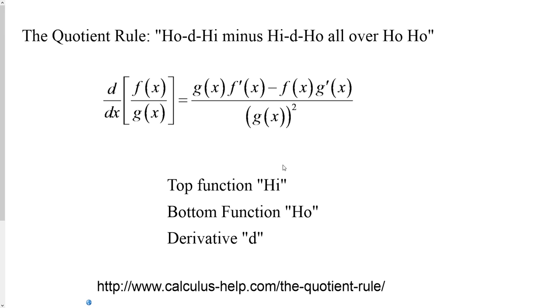So when you see that g is the bottom function, it is the ho function, and f is the top function, it is the hi function, I can read this mnemonic device as ho, the bottom function, times the derivative d of the hi function, the top function, minus the top function hi times the derivative d of the bottom function ho, all over ho times ho, which is ho squared. So if that helps, I hope it does.